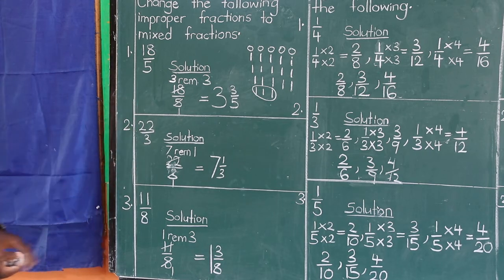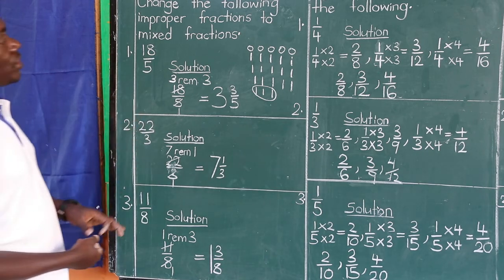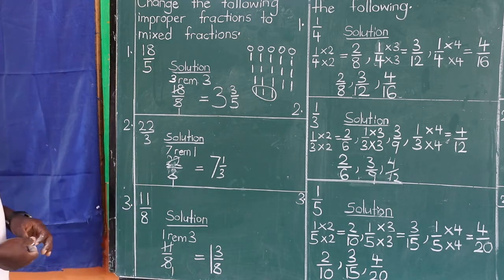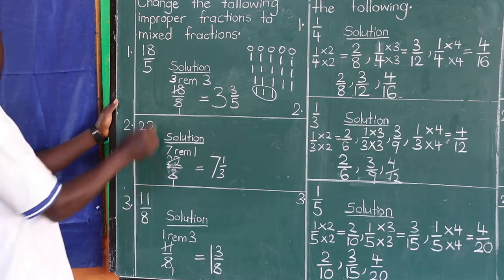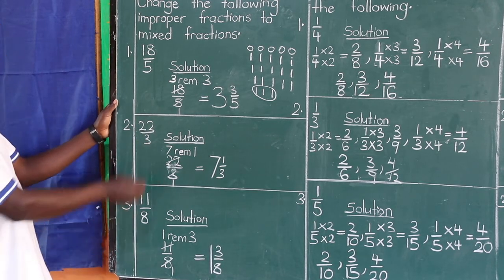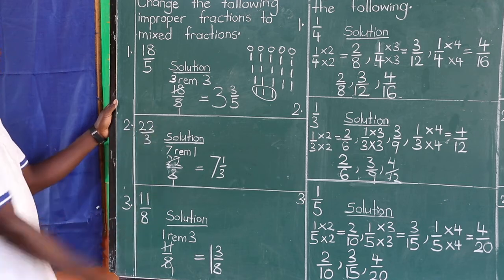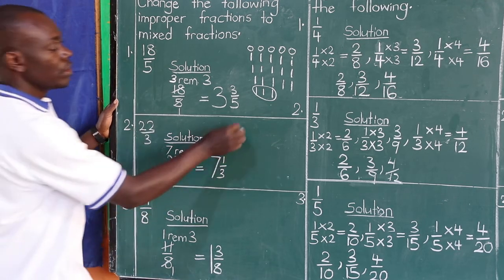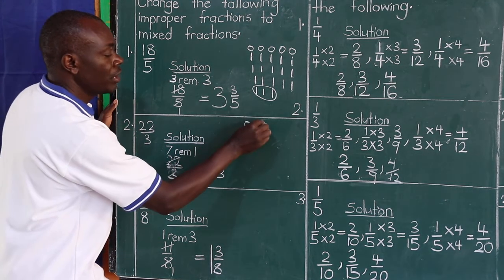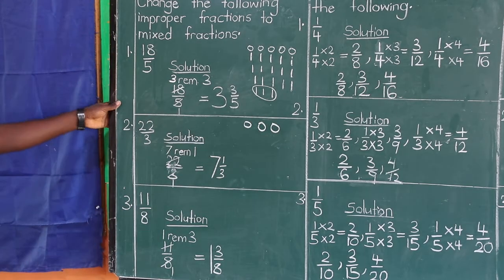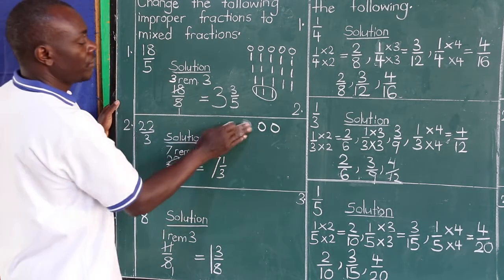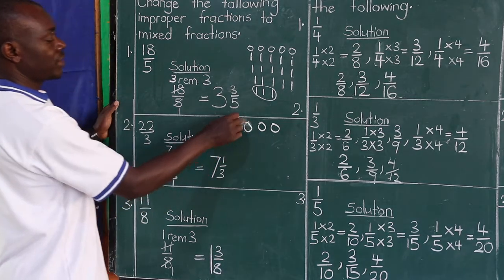Then, example number 2 says change 22 out of 3 to a mixed fraction. Like I said before, 22 out of 3 means 22 divided by 3. So I've got 3 people to whom we are giving 22. If we don't know table 3, we actually give them, so we divide the 22.